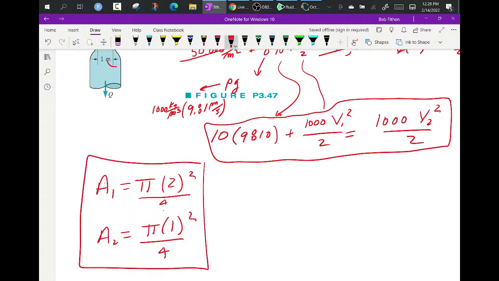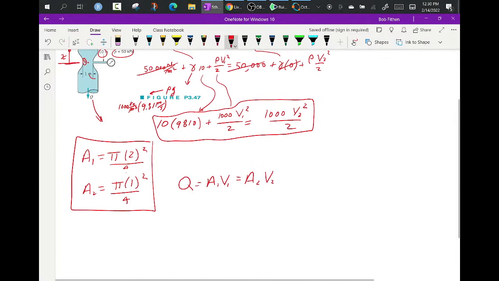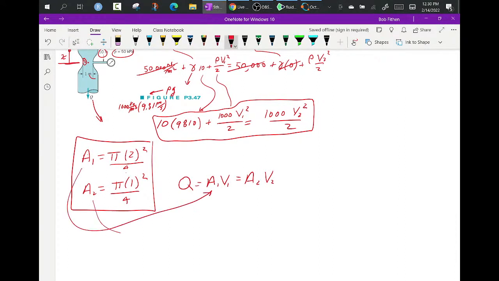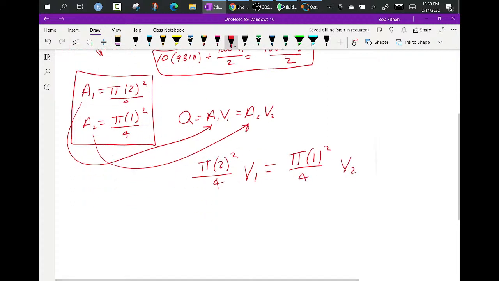So now how do you use these? Well, your volumetric flow rate is the same no matter what. So A1 V1 is equal to A2 V2. You don't know what it is, but what you do know is you can put this in here and put that one in there, and what you'll get is pi, for the first one, 2 squared over 4, V1 is equal to pi 1 squared over 4, and V2.